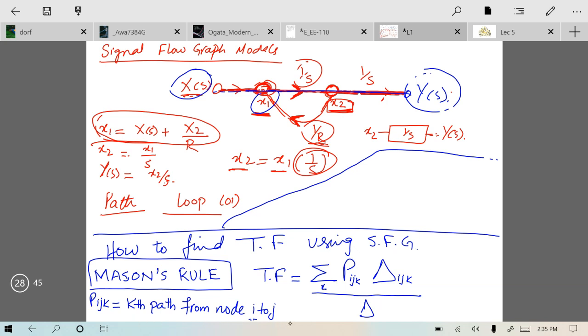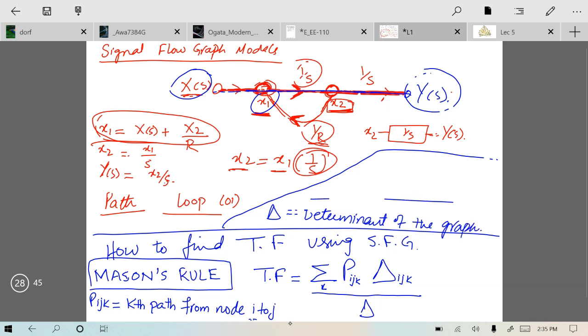And what is del? Del is the determinant of the graph. Obviously, we will find this determinant shortly.